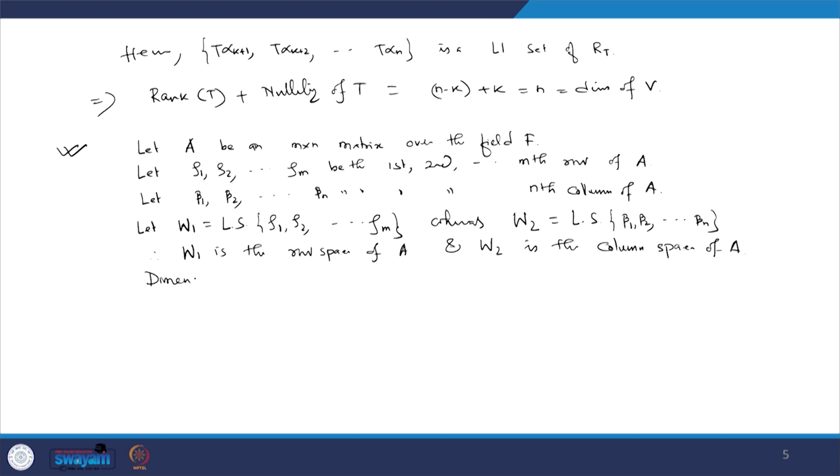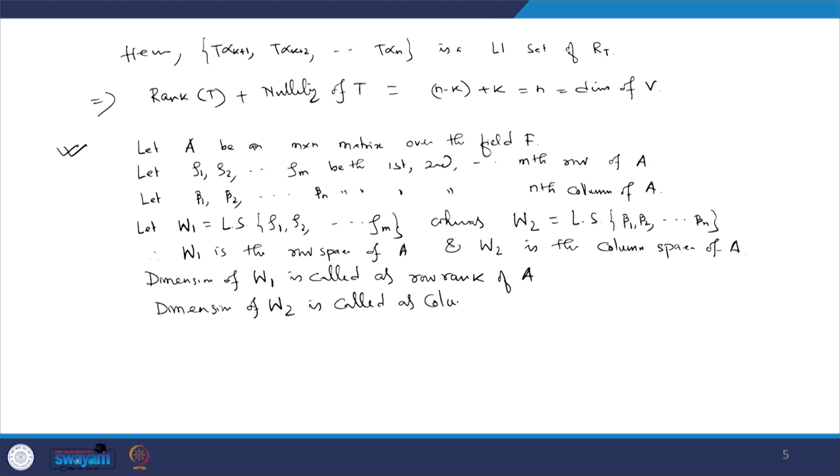The dimension of W 1 is called the row rank of matrix A and the dimension of W 2 is called the column rank of matrix A, please.